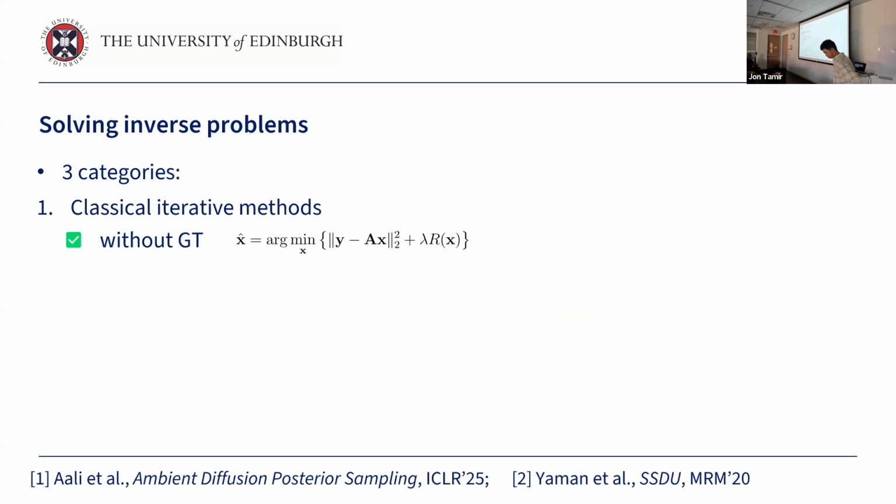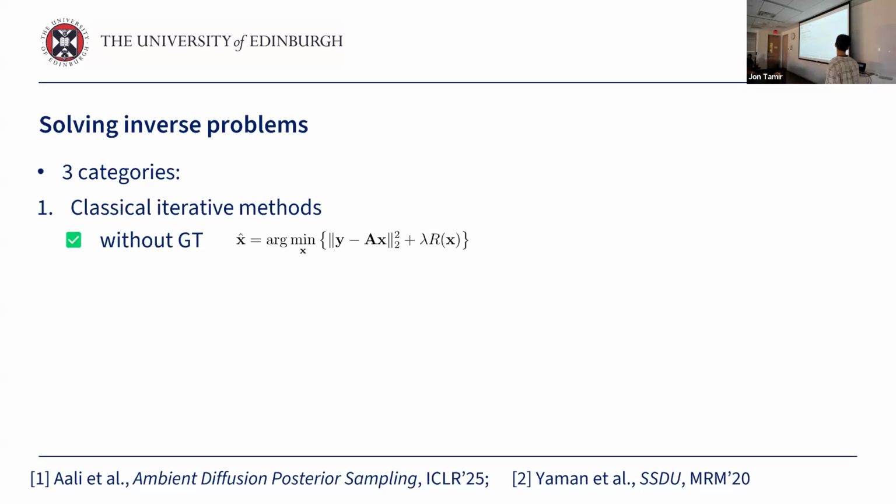Okay, so I'm going to now try and categorize all the different frameworks of ways we're solving this problem in the literature right now. And maybe the citation is a bit of a spoiler. So the classical way of doing it, before deep learning came along, is you have an iterative optimization procedure where you constrain your measurement consistency or your data fidelity, y minus Ax, and then you add a regularizer term onto it. This regularizer term is enforcing some quality of the image, for example, that your image is varying smoothly, or is piecewise linear.